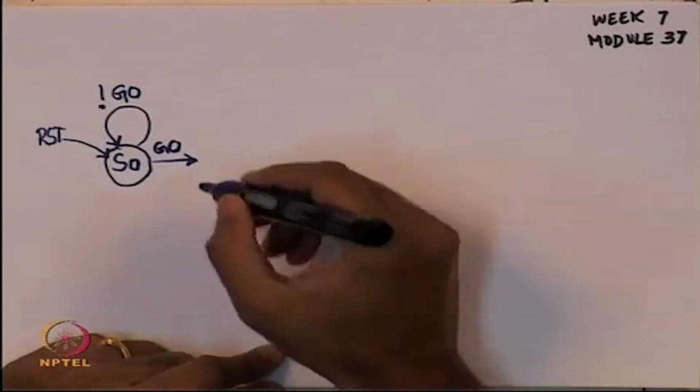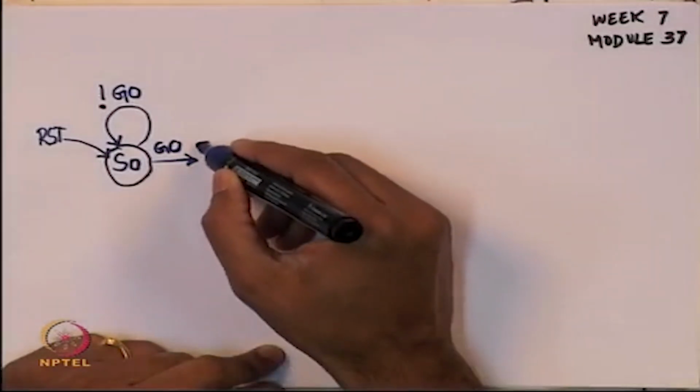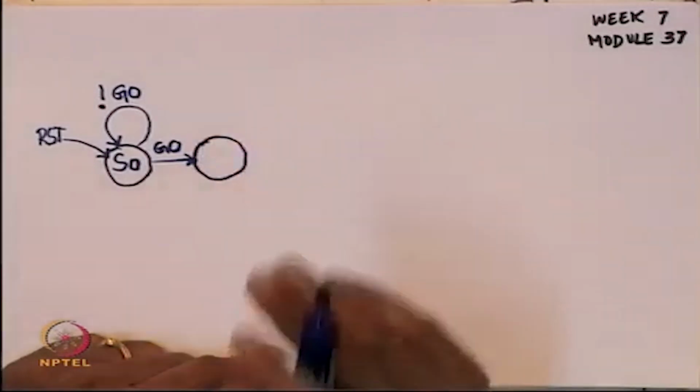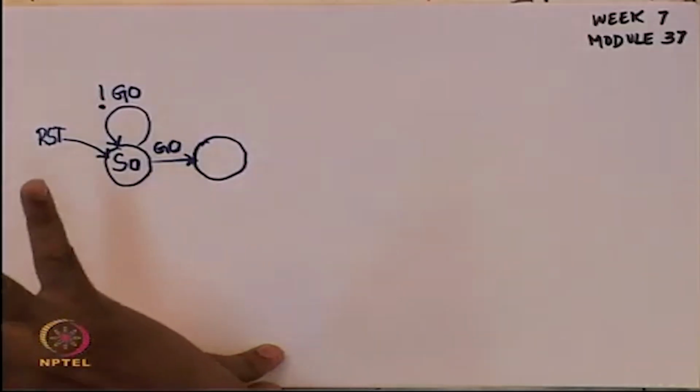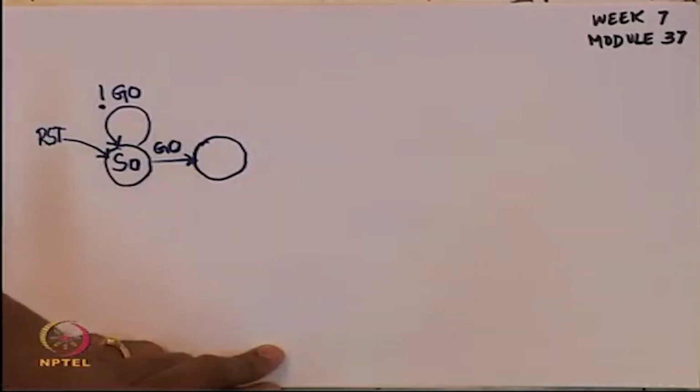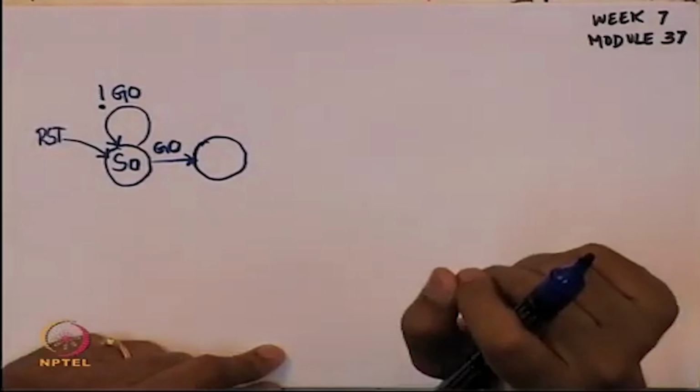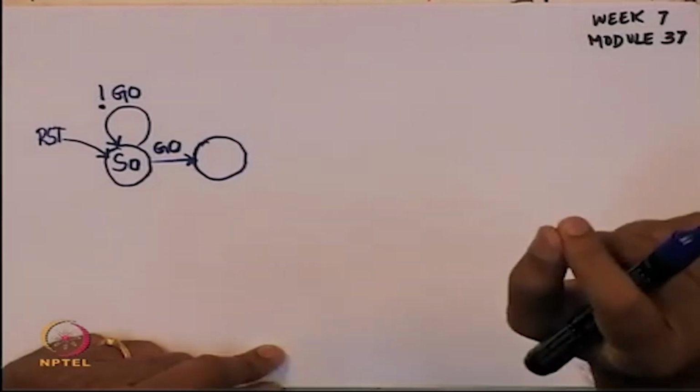What is it supposed to do now? If go is on, I assume that the inputs are going to remain stable from the external world, and you got the go signal, which means the first thing that the data path must do is take the values from in1 and in2 and put them in the registers A and B. To be able to do that, let us look at the data path's picture.